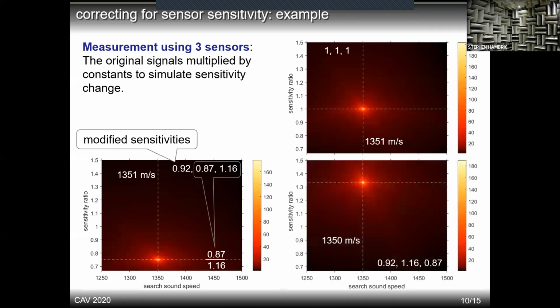Finally, by reversing the sensitivities of the second and the third sensor, the maximum is shifted up to a new value of 1.33, which again matches the actual ratio of sensitivities, yet the wave speed stays intact. So we clearly have an efficient means to overcome an important issue of practical measurements in a smart way.